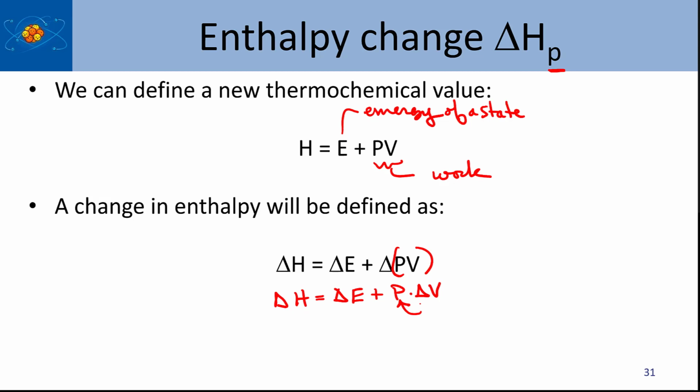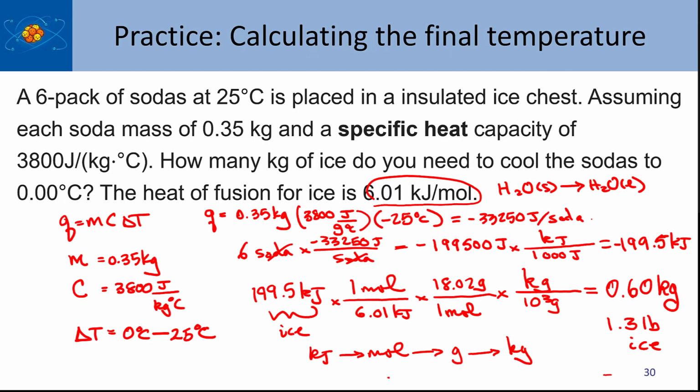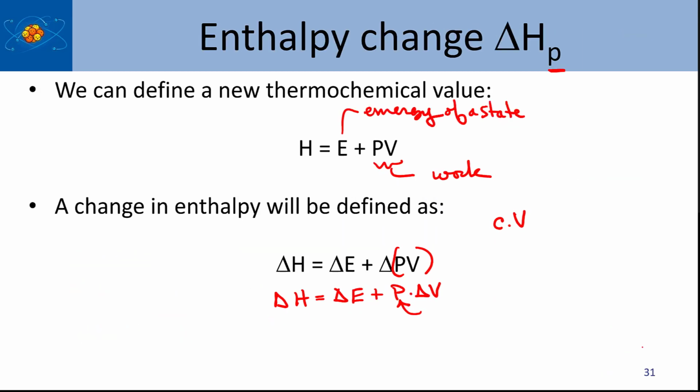The delta is just final minus initial because it's a constant. So if you had a constant times a volume and then you did a delta of that, it would be C times V final minus C times V initial, right? And C would be a constant, and then you can factor that out and say V final minus V initial.